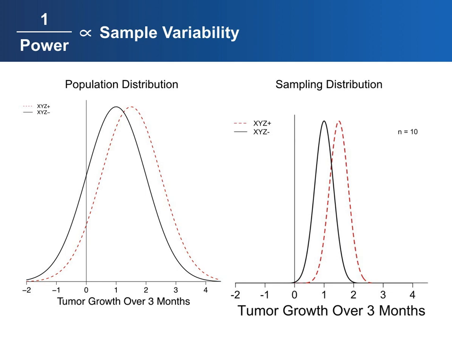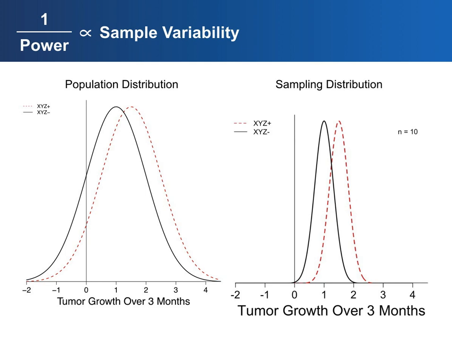So we'll come back to this difference between population variability and sample variability again. This is really important to understand. On the left we have the population distribution, and we see the XYZ negative group and the XYZ positive group.